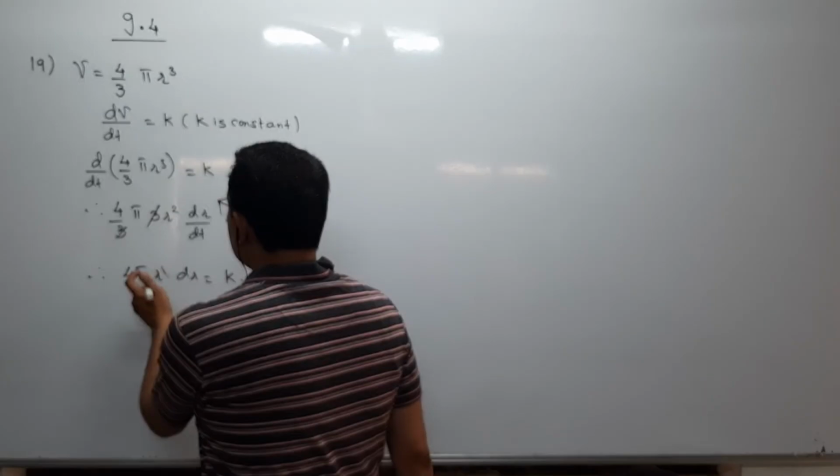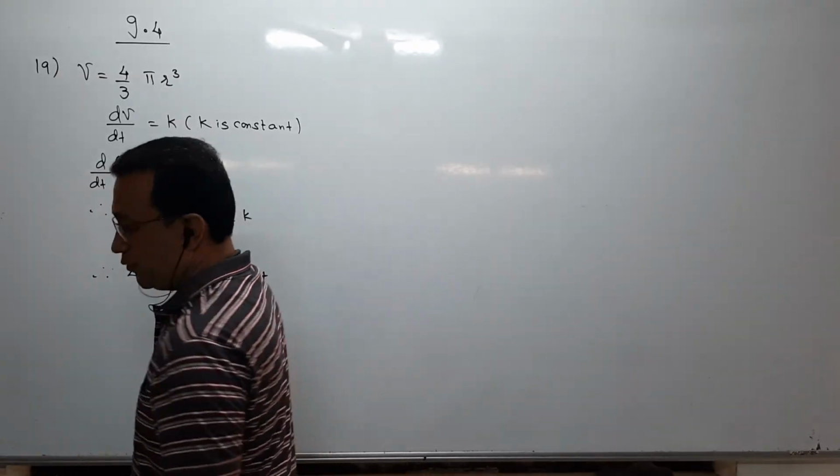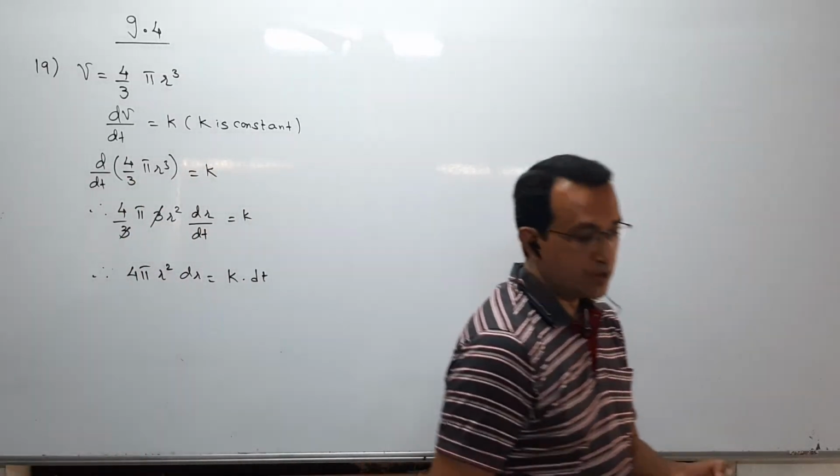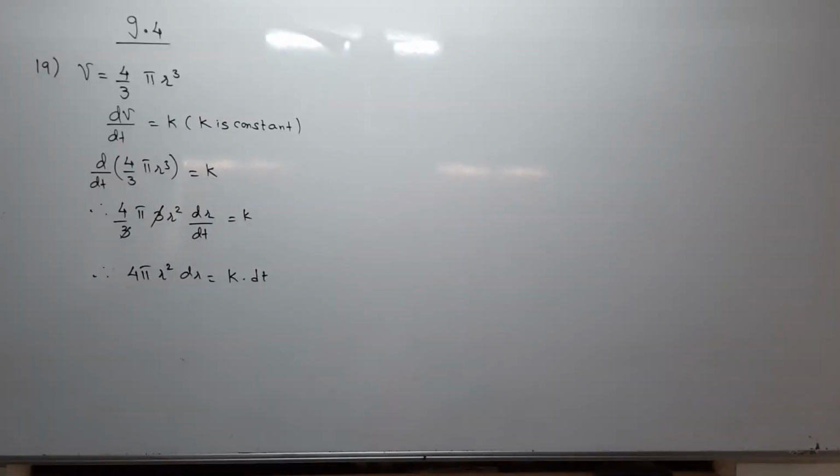Students, this is our variable separable form. Mark this as a very important word problem, students. If I were the examiner, then students, I would definitely ask this word problem.